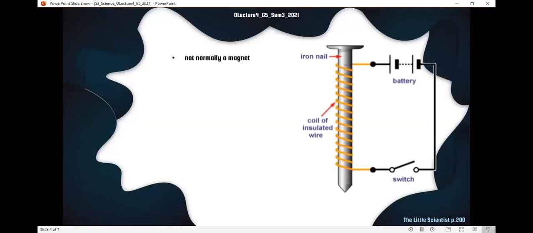The iron nail or wires in general aren't magnets. How do we turn them into a magnet? We should coil a wire and connect it to a battery. So let me draw it for you. This is an electromagnet.